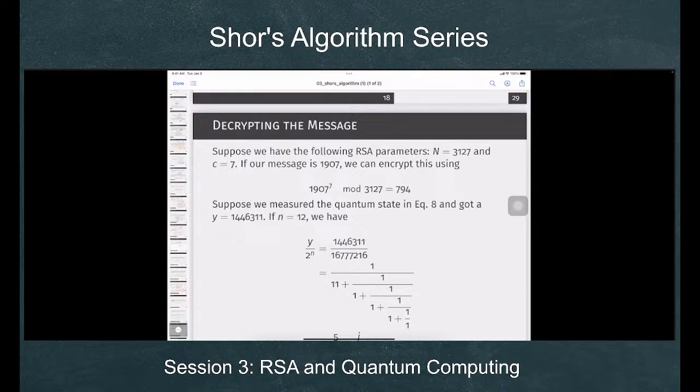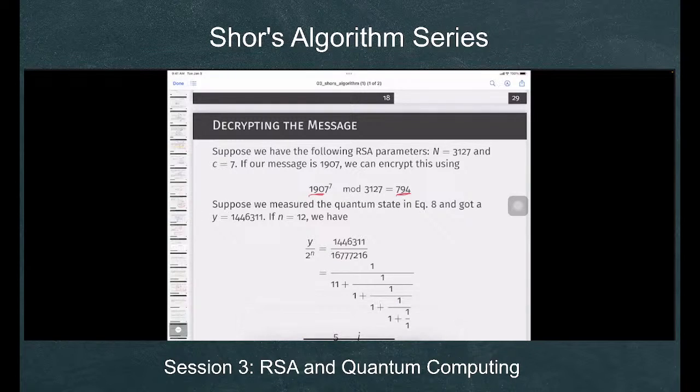If our message is 1907, we can encrypt this using 1907 raised to the 7 modulo 3127 to give you 794. So this is our plain text and this is our ciphertext.